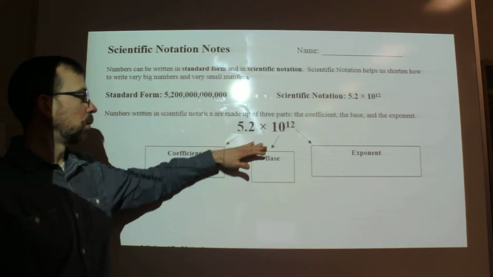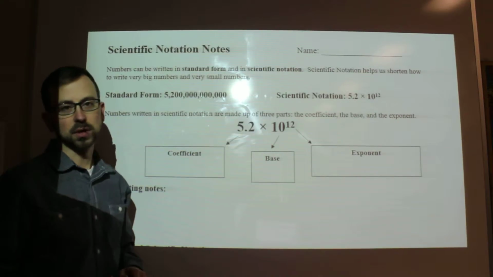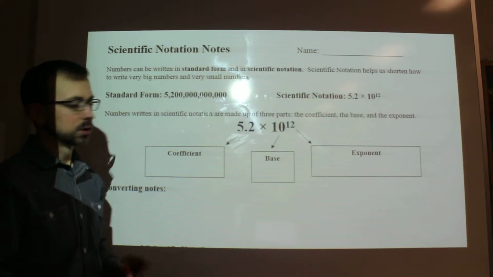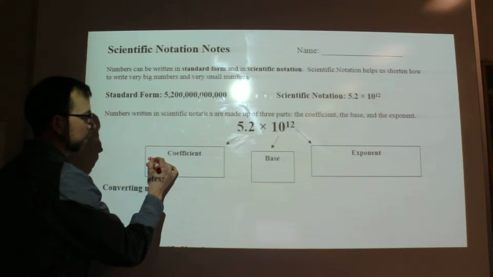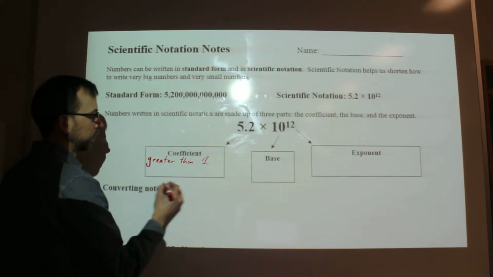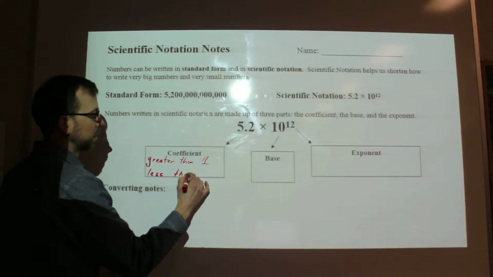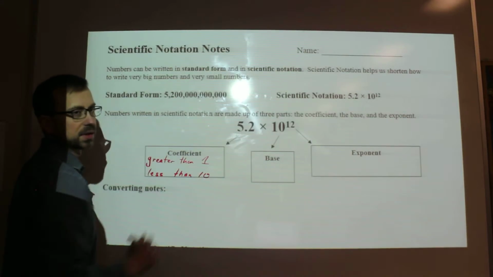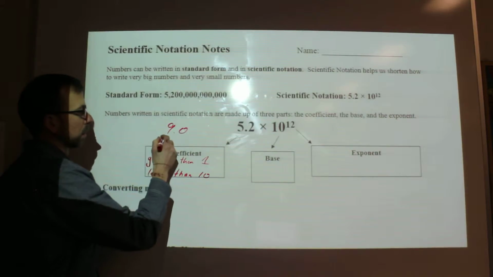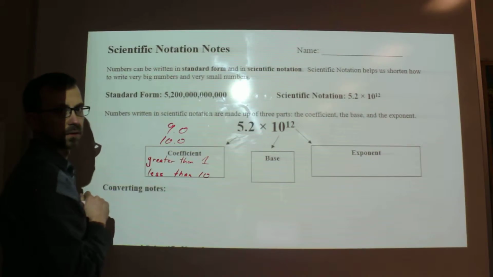So just a few notes about what scientific notation is. We'll take this example of 5.2 times 10 to the 12th. The coefficient is this number sitting in front. It has to be greater than or equal to 1 and less than 10, so it's going to be a number with a decimal. 9.0 would work, but 10.0 wouldn't work because that means you have two numbers sitting in front of the decimal point.